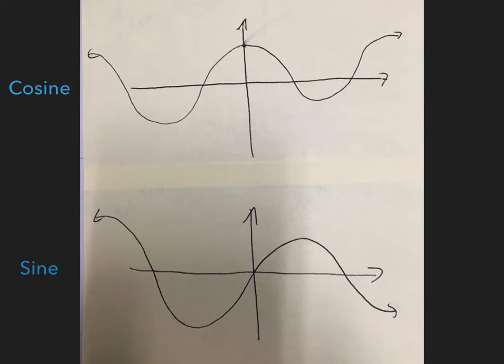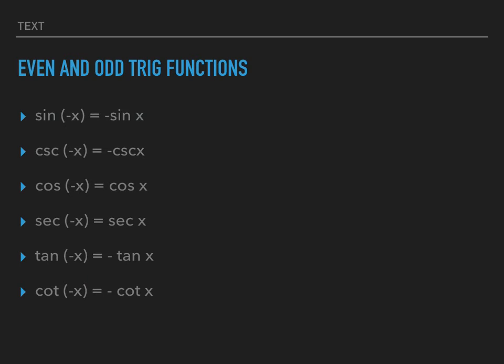Now, the reason they're teaching you about even and odd functions is specifically to talk about cosine and sine. And so this is how these work out for the trig functions. Sine is an odd function. That means the cosecant, which is 1 over the sine, is also an odd function. Cosine and secant are both even.